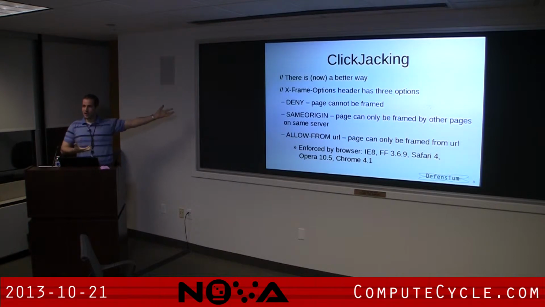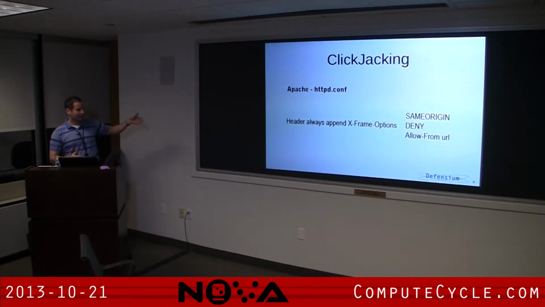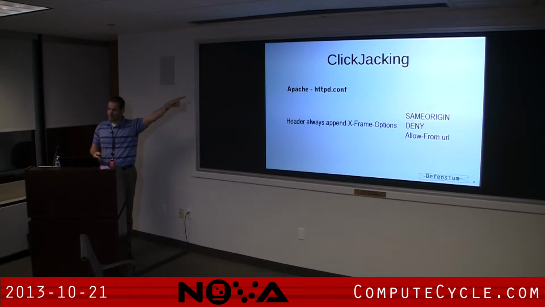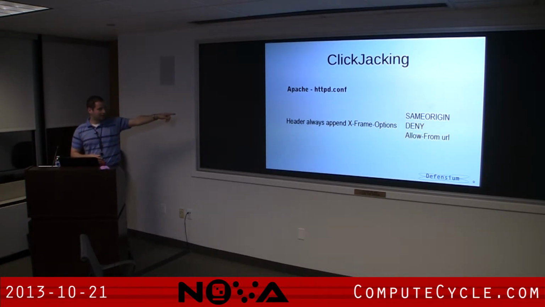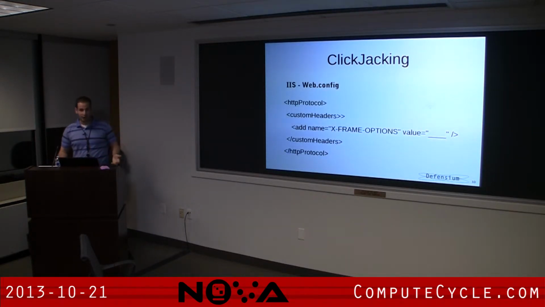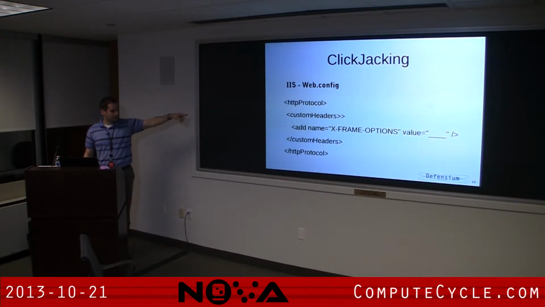So if you decide to include this security mechanism, the vast majority of your end users should be protected at their end. To implement it, if you're using Apache, you set it in httpd.conf: Header always append X-Frame-Options, and then you pick what you want: same origin, deny or allow from URL. If you're using IIS, it's in the web.config file. You set a custom header. That extra greater than sign is a typo on my part.